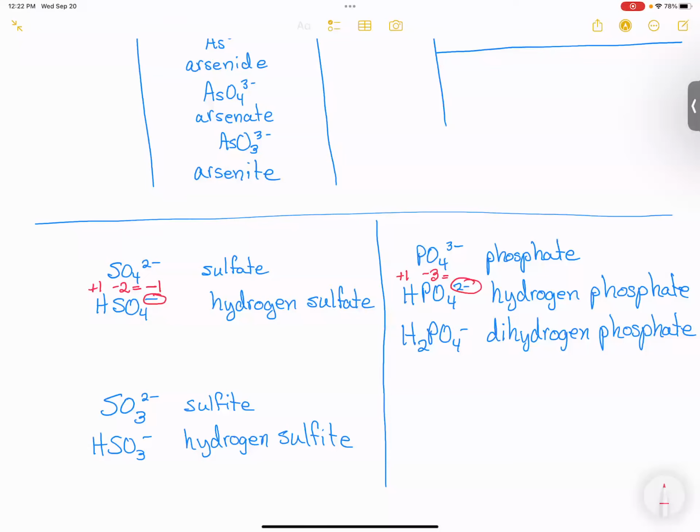So if you add a hydrogen, you're going to add the word hydrogen. If you add 2 hydrogens, you're going to add the word dihydrogen because the di means 2. So on this first one, you're literally saying I have 1 hydrogen and a phosphate. And on the second one, it says I have 2 hydrogens and a phosphate.